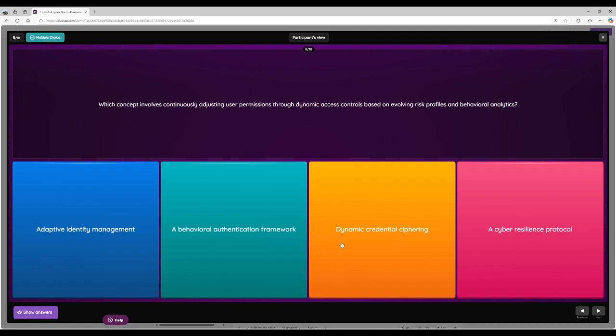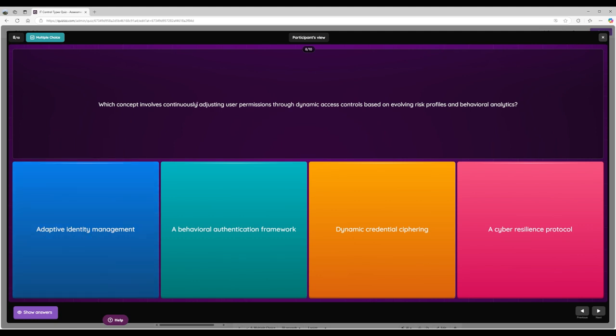Dynamic credential ciphering, okay. A behavioral authentication framework. This is a framework, right? It is not a concept that we can use. So even if all I can use here is the English language, right? I can know that the answer will be A, adaptive identity management.